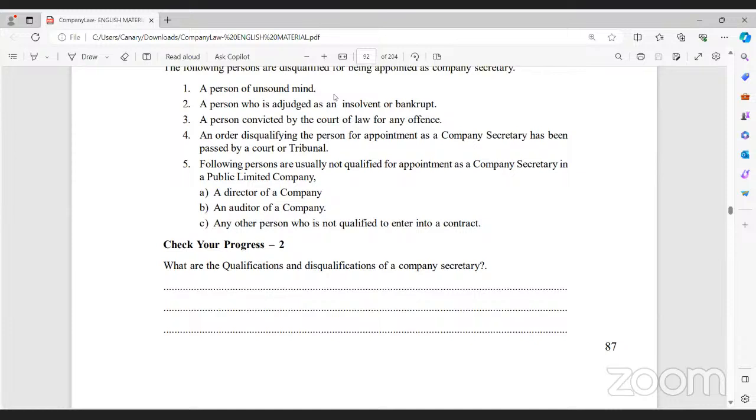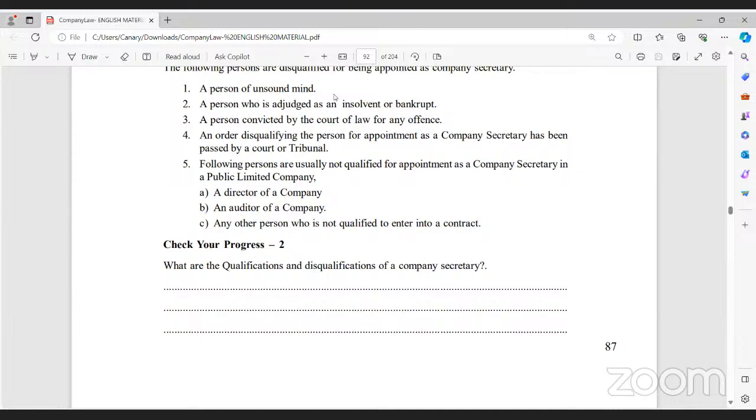You learned about these terms in your accountancy: insolvent and bankrupt. So who becomes a bankrupt, he cannot take proper judgments, right? He cannot be a decisive person, right? So he'll become an indecisive person. So that is also not possible.